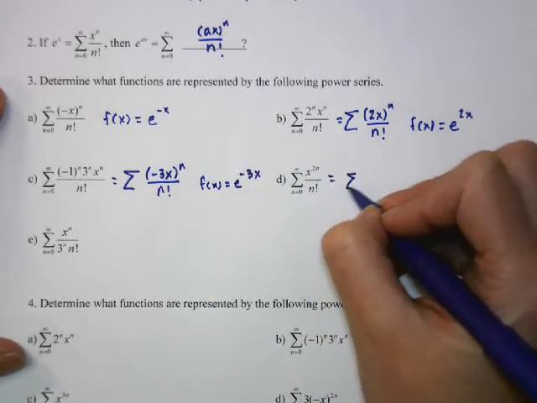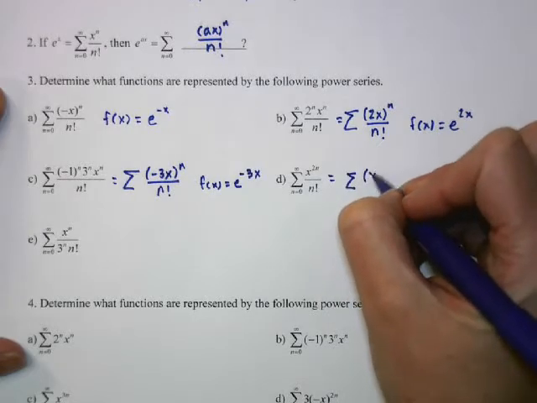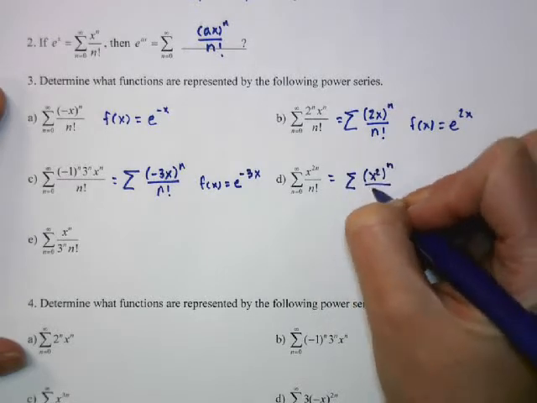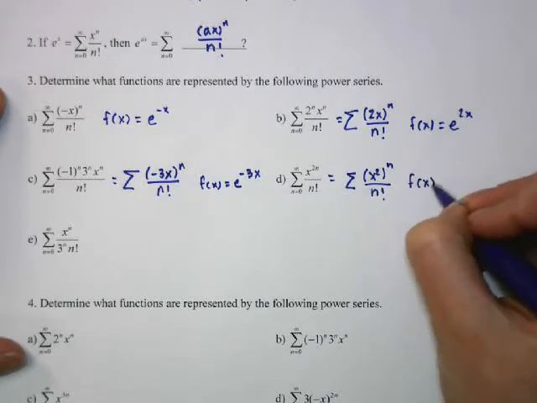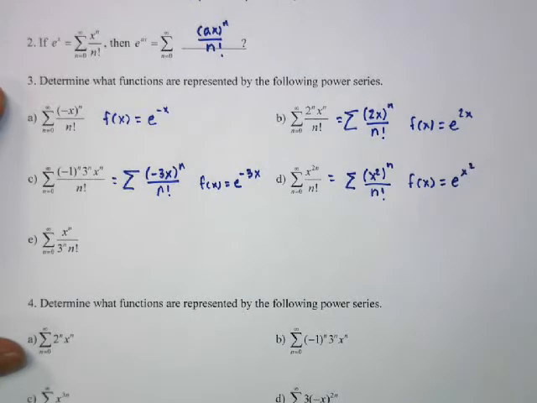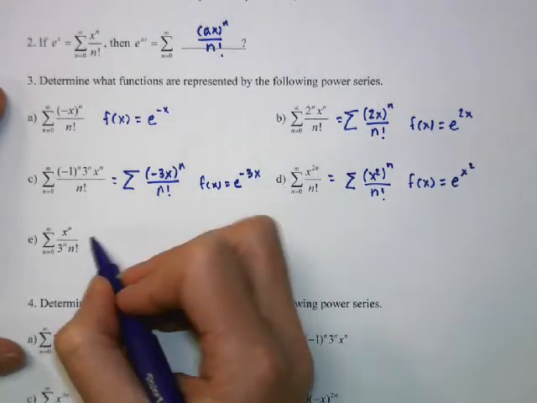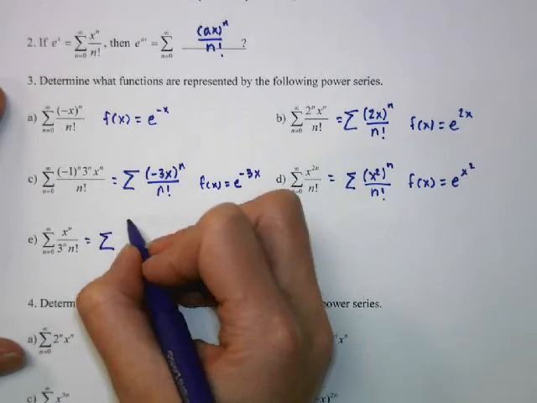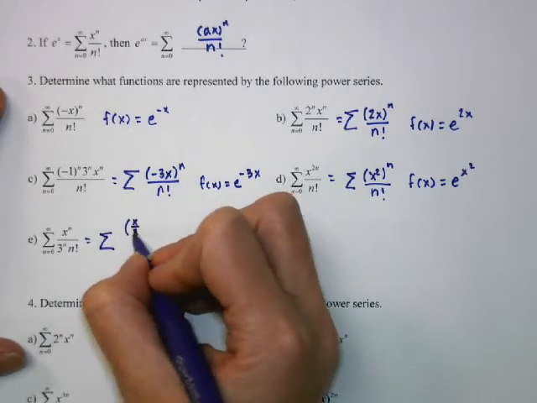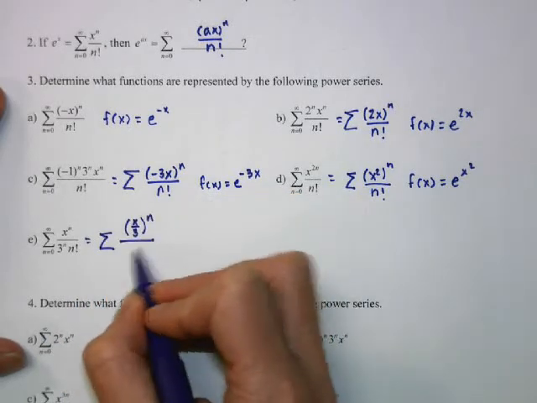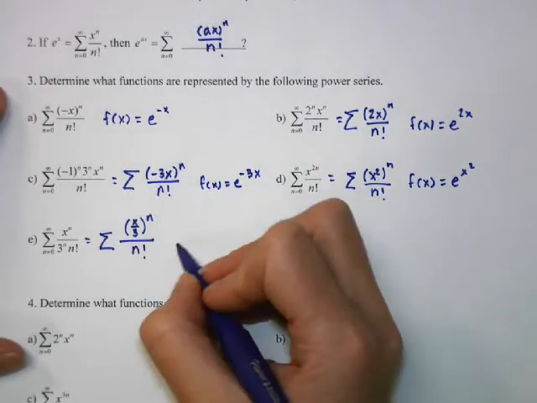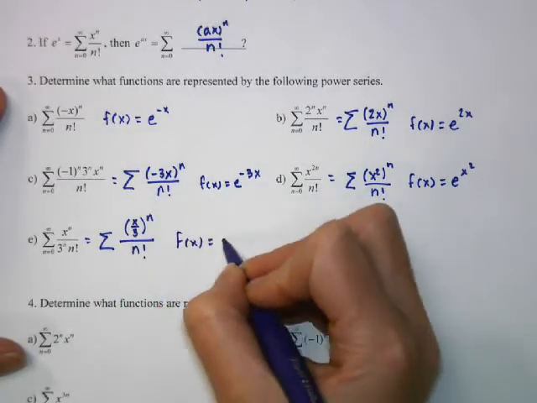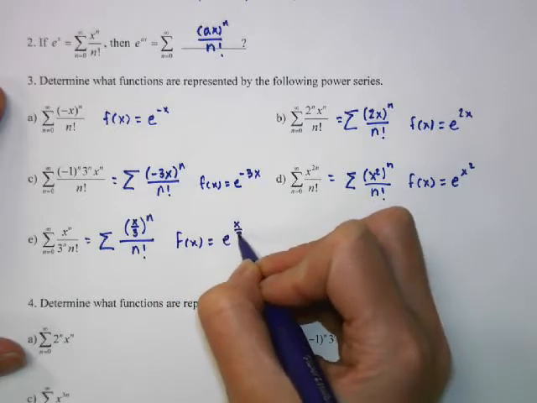This one I can rewrite as x squared to the n, which means this is going to be e to the x squared. This one I can rewrite as x over 3 to the n over n factorial, which means this is e to the x over 3.